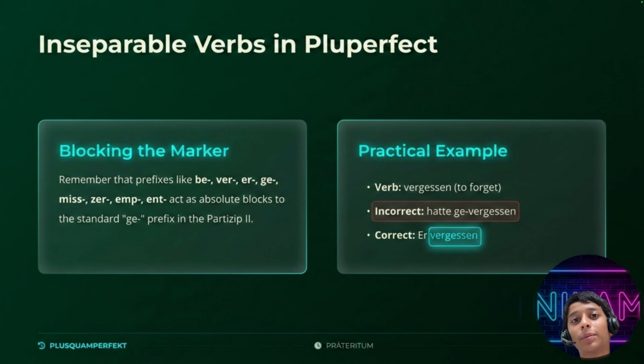The correct form is simply hatte vergessen. He had forgotten. No ge prefix at all, because ver already blocks it. This is a really common small mistake. If you take one thing from this slide: whenever a verb starts with one of these eight prefixes, do not add ge to the participle in any past tense.